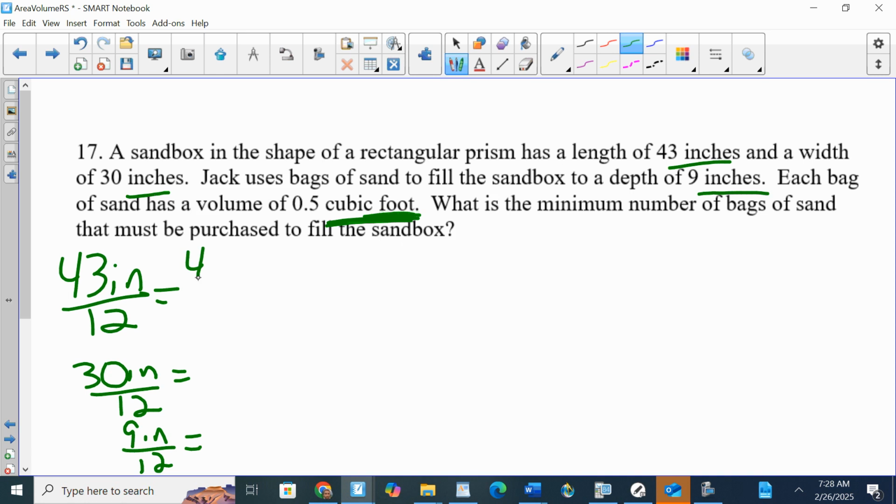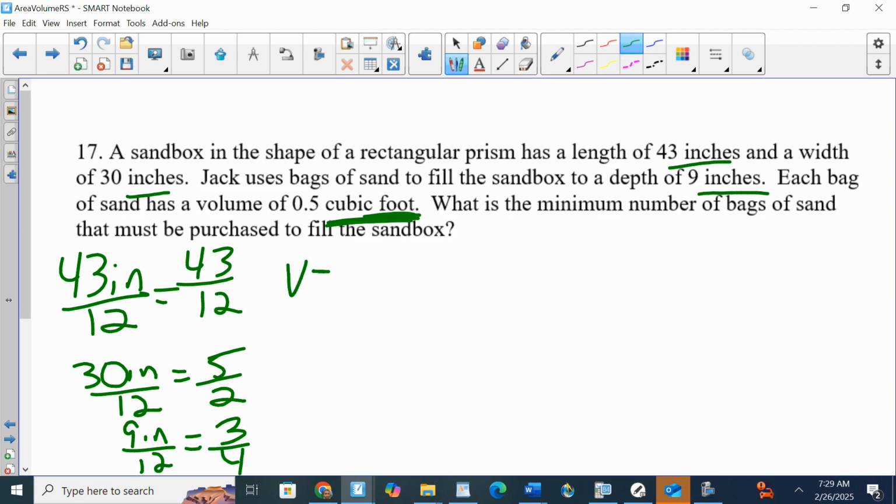We can leave it as 43 over 12. You can use the calculator to reduce these. 30 over 12 is 5 over 2, and 9 over 12 is 3 over 4.